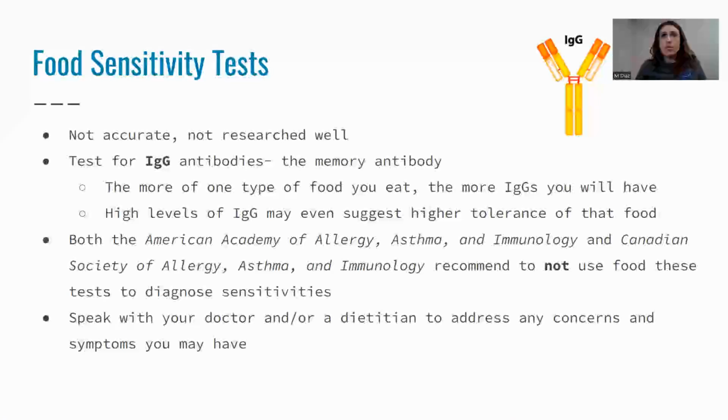So if you ate something with a lot of dairy in it, maybe you had ice cream and a grilled cheese sandwich before that, that test may come back saying that you have a high level of IgG antibodies, or you may be really sensitive to dairy or lactose foods. But it really is just because you ate a lot of dairy beforehand.